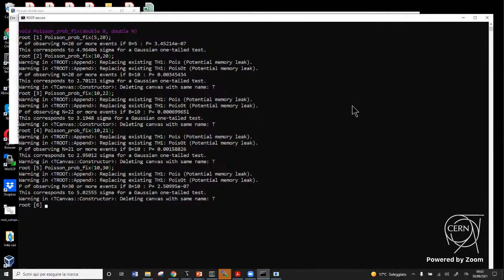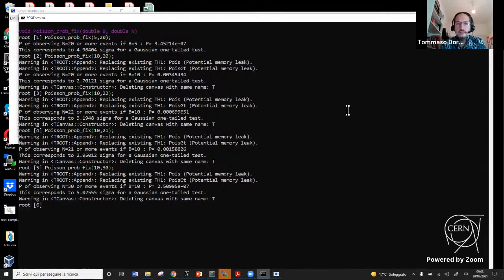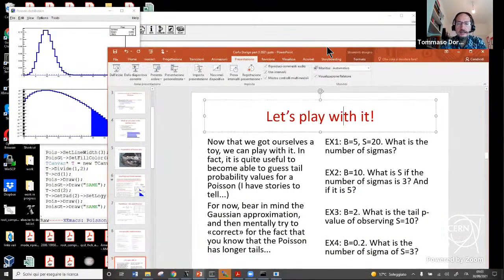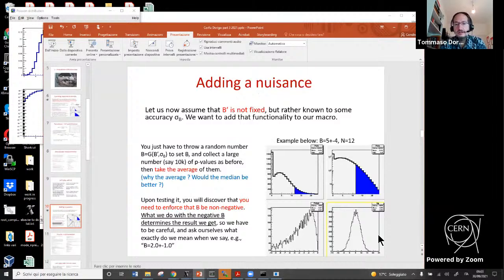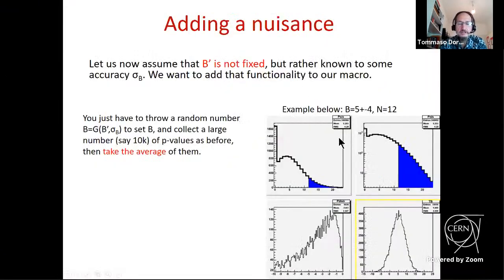All right. Okay, so let's now move on to another thing, because typically you will not know the background with infinite precision. You will know it with a certain uncertainty. Okay, so let's now try to model this functionality into our macro.